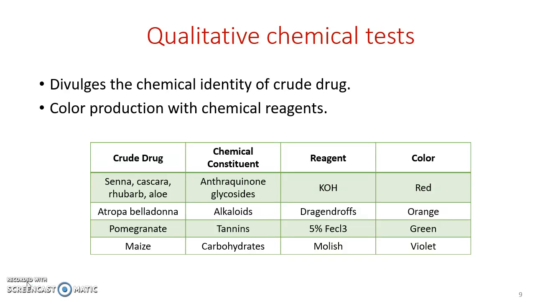For example, Senna and Cascara contain anthraquinone glycosides, which can be identified with red color formation with potassium hydroxide solution. Similarly, alkaloids in Atropa belladonna can be identified with Dragendorff's reagent.